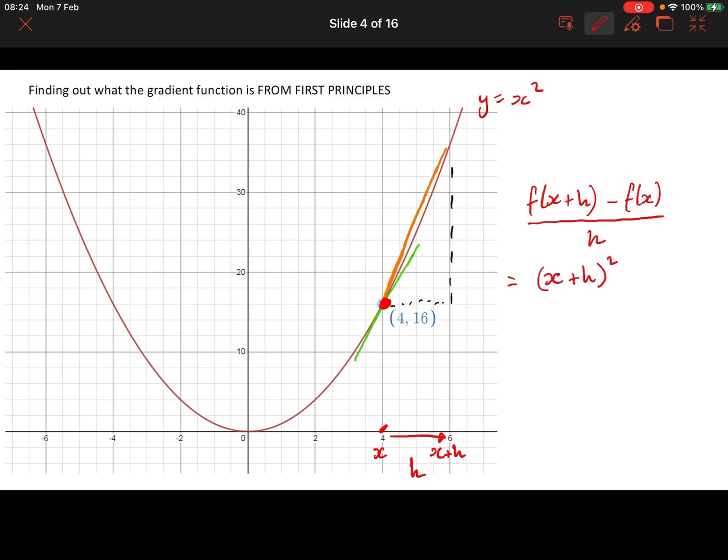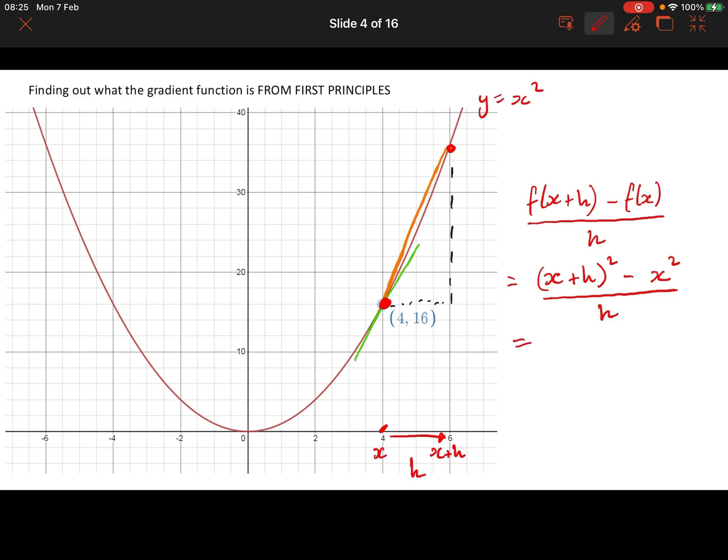That is my y value at this point, minus x squared, that is my y value at this point. We know it's 4, but we can put that in later. Divided by h, which is the change in x.